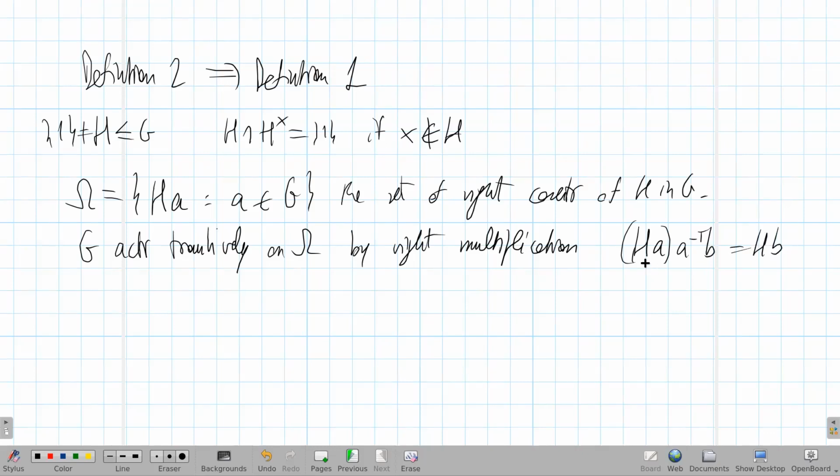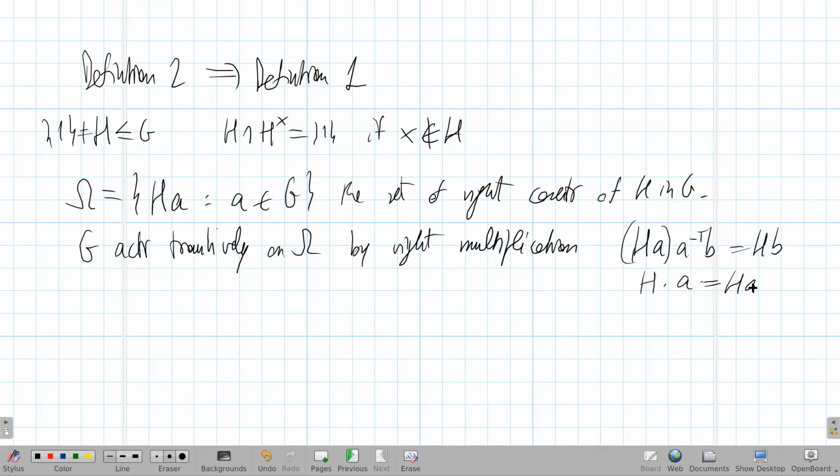So you can take any coset to any other coset by multiplying by this. Or you could prove that the orbit of H is everything, because if you multiply H by a, you obtain Ha. It's even simpler because you just have to prove that the orbit of one element is everything.